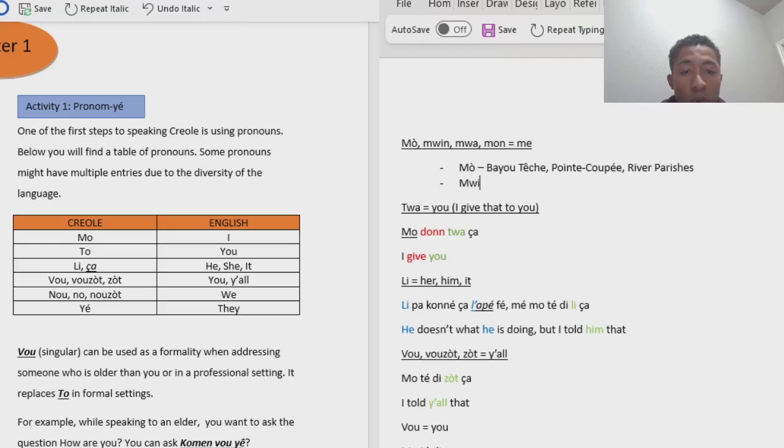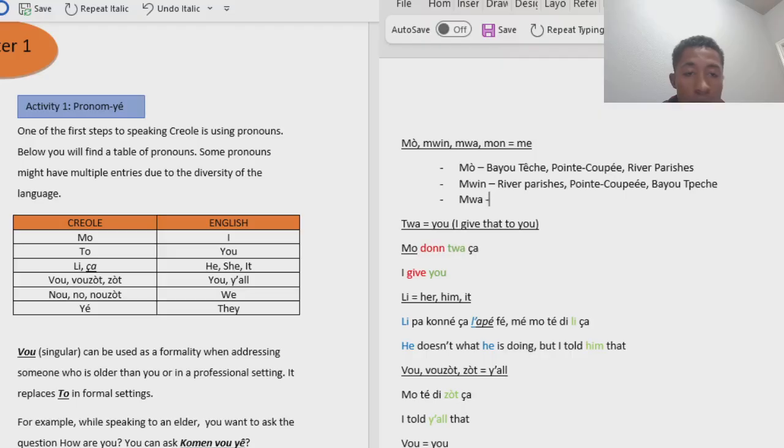You might hear moi in the exact same regions. However, it's more common, I would say, to hear it around the river parishes or even Pointe-Coupée, and also the Bayou Teche. A lot of times I tend to hear more white speakers of the Louisiana Creole language say moi.